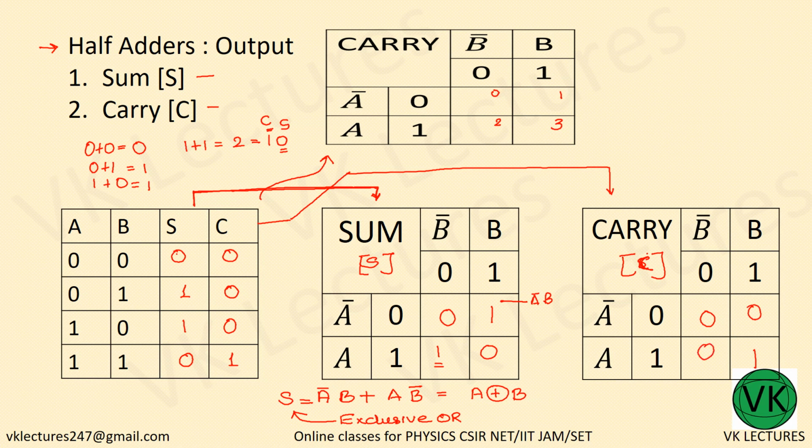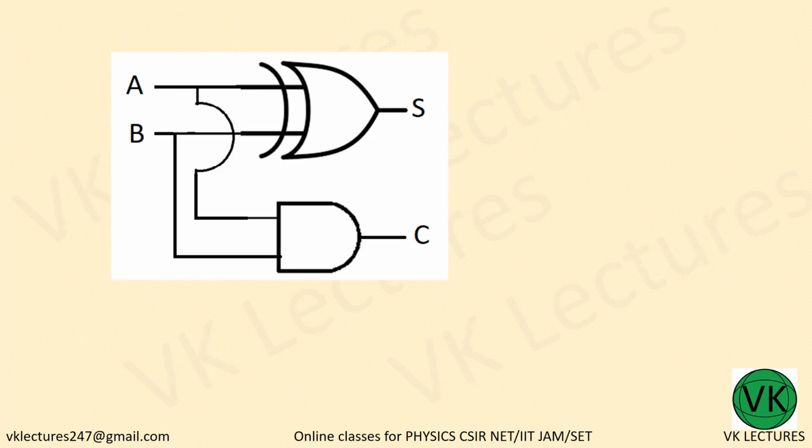So carry C is equal to A B. AB means product, so it is an AND gate. So with an exclusive OR gate and an AND gate we can produce the half adder circuit.